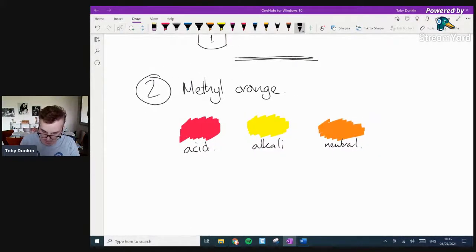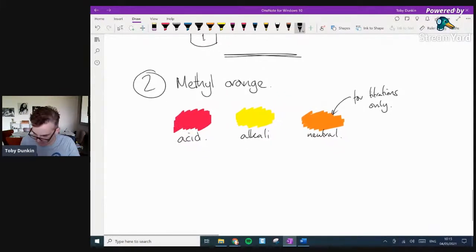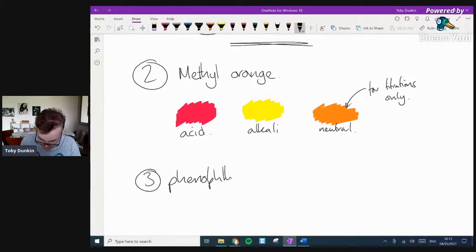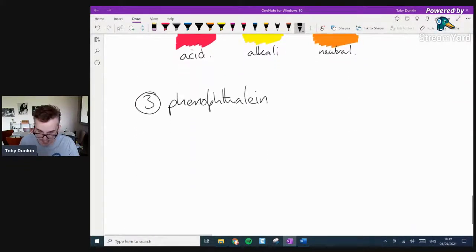Can I just point out that this is for titrations, which we're doing soon in this topic. You'll understand that, see later notes if you like. Right, next. Number 3, phenolphthalein.